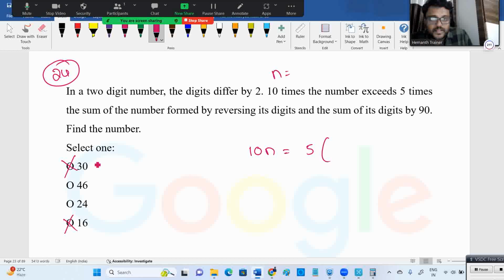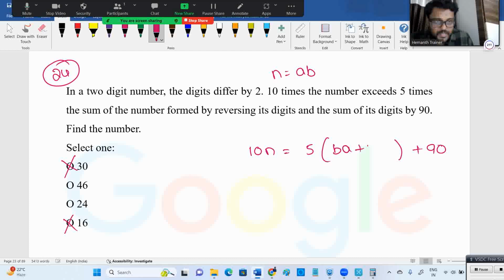Let's say number is AB. 10 times the number exceeds 5 times the sum of the number formed by reversing its digits and the sum of its digits by 90. Okay.